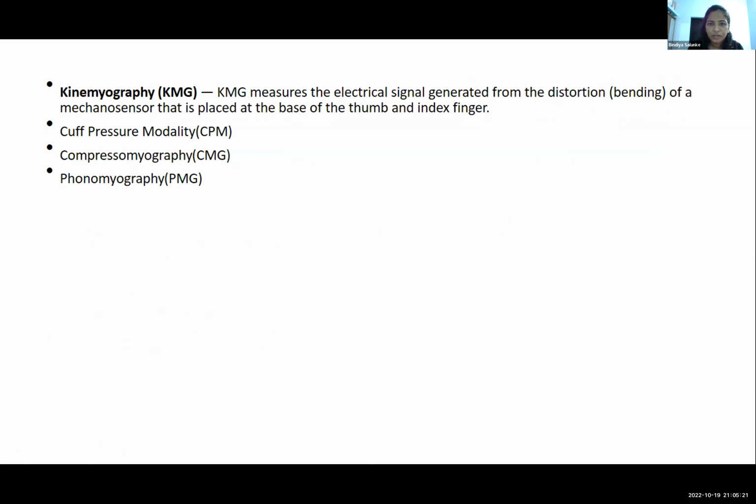Then comes the kinemyography, which is again based on distortion. The mechanical receptor is placed at the base of the thumb and index finger, and with the movement, the electrical signals are distorted. This sensor causes electric signals to be generated. Next is the cuff pressure modality.